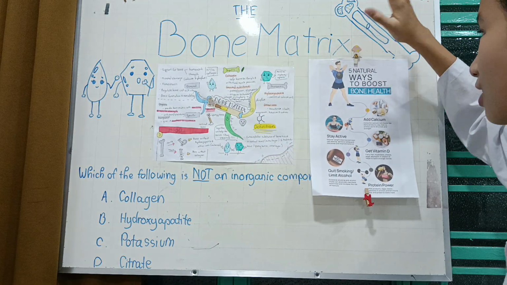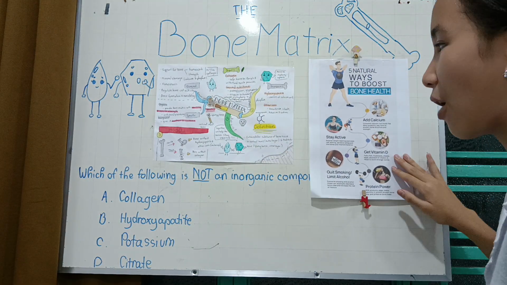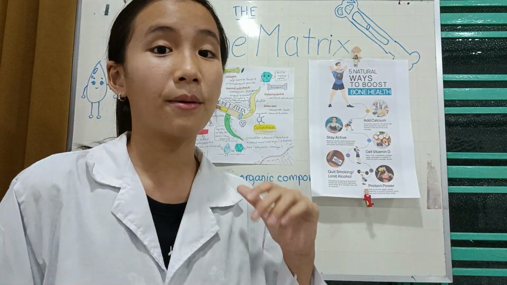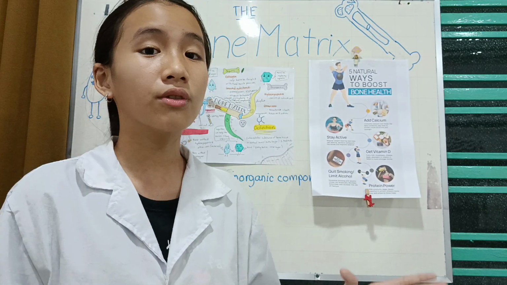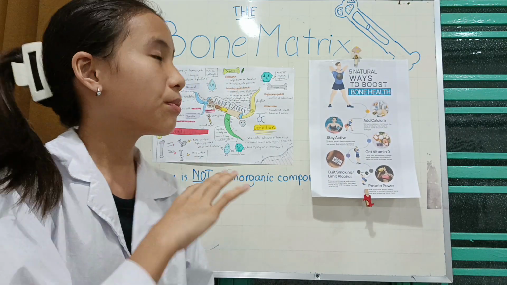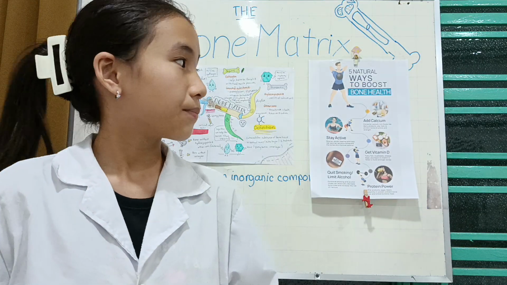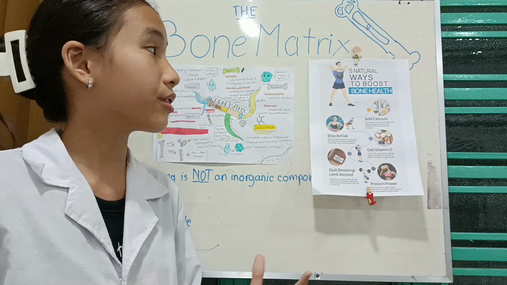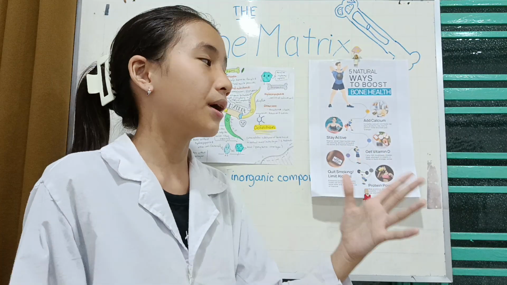But then I've also mentioned the ways to boost bone health. You may have seen this illustration before in my last video, and I want to show it again in this video because protecting and boosting bone is actually helping to keep our bone matrix healthy. So here are some ways to boost bone health.